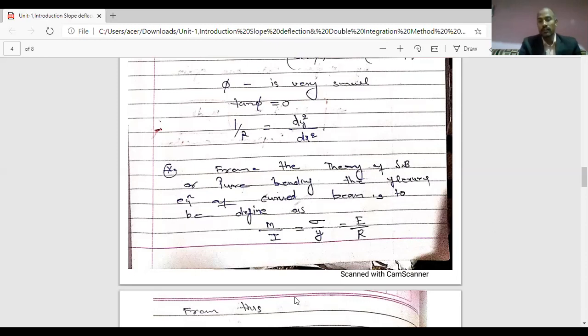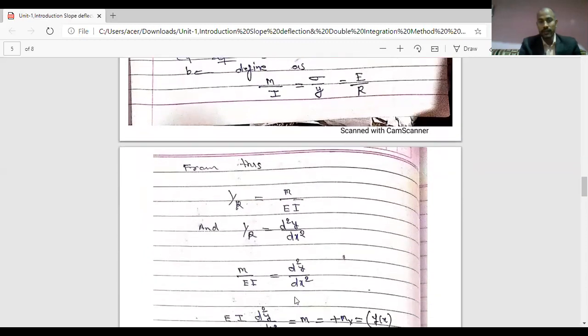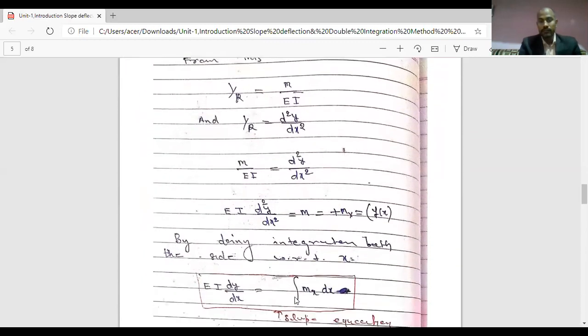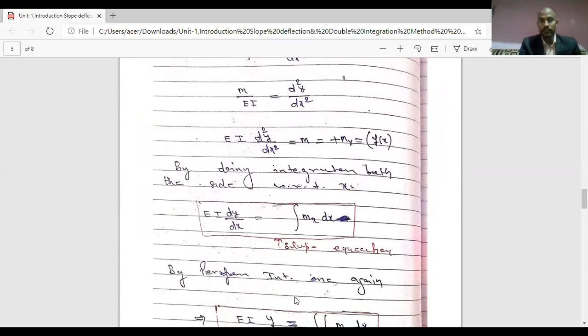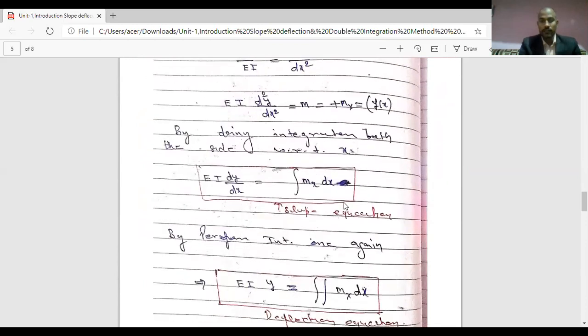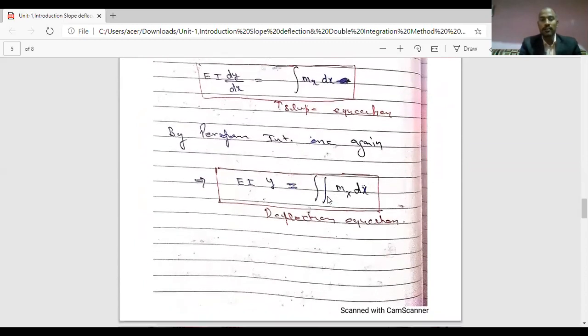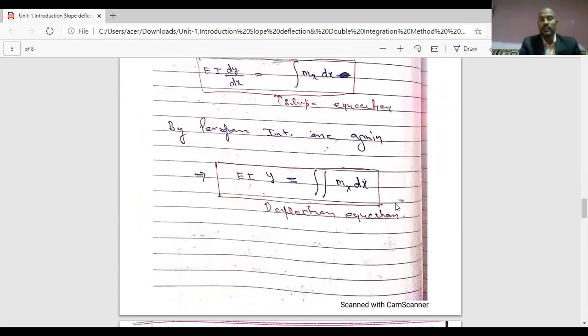So from the above curvature equation, we derive two equations. First is the slope equation, EI dy/dx equal to integration of Mx dx. This equation is called the slope equation. And the second equation is the deflection equation, EI y equal to double integration of Mx dx.